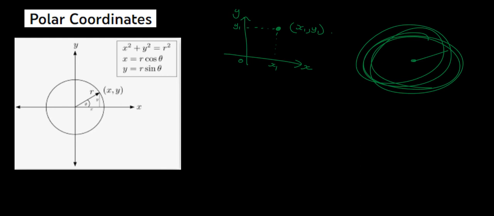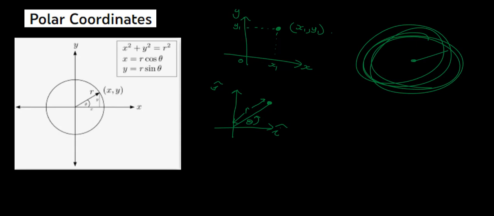So often with circular motion we use polar coordinates, and we define a position with its length from the origin and its anti-clockwise angle.